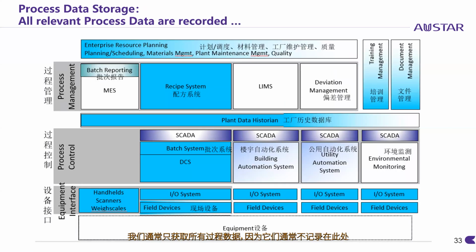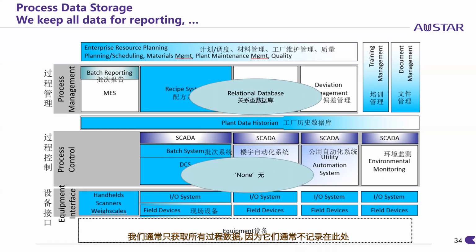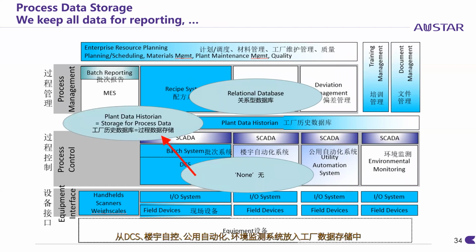So what we do is we just take all process data because they are not recorded typically here and put them in plant data storage from DCS and building automation, utility automation, and or environmental monitoring.